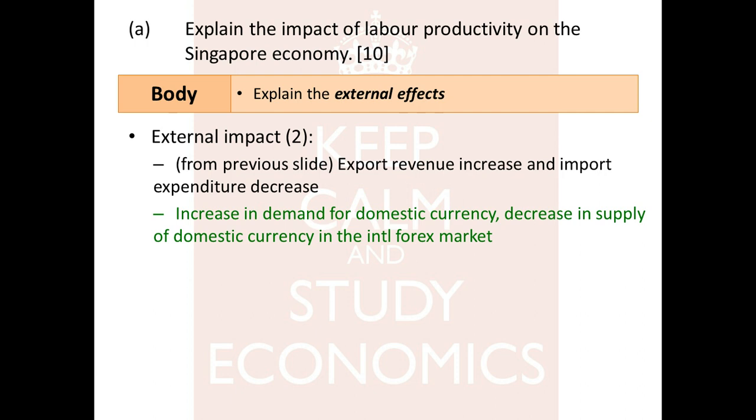When you want more of their currency, your supply of your domestic currency will increase. But in this case, you want less of their currency because you are importing less. Therefore the supply of your domestic currency will also fall, because you need less of their currency. Hope that makes sense.